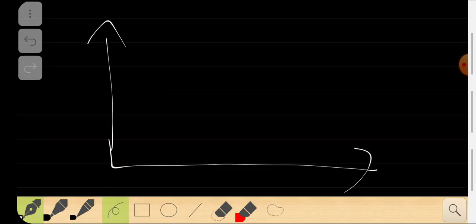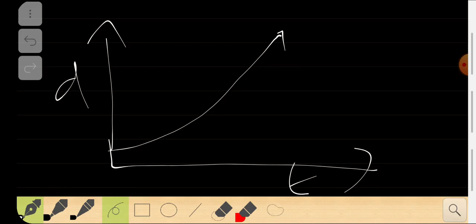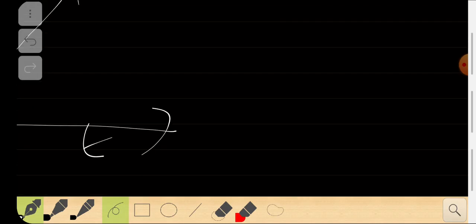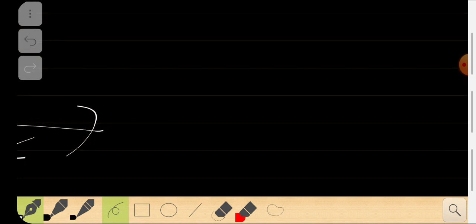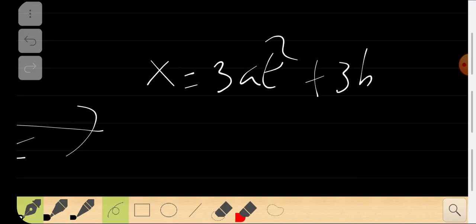Now if you have a curve like this, representing the displacement versus time graph, let this be your time axis. This has one dip, so it will look something like x equal to 3a t squared plus 3b t plus c.